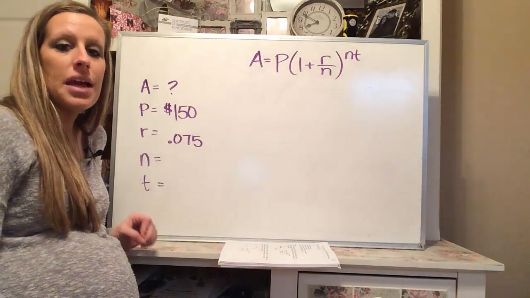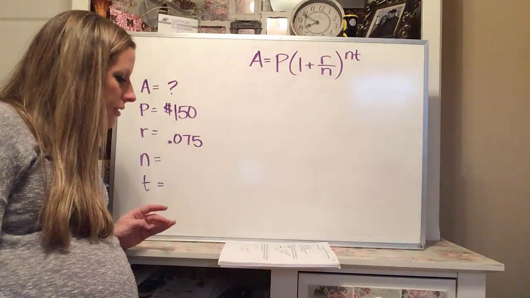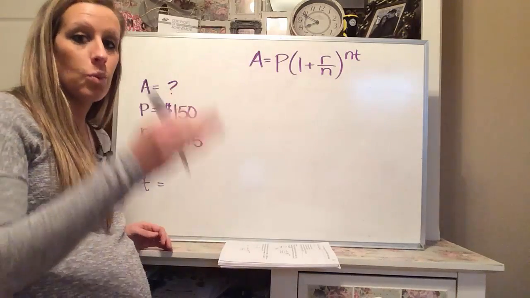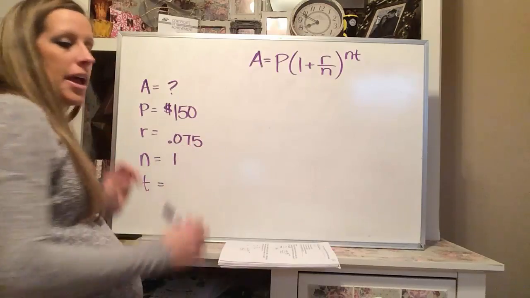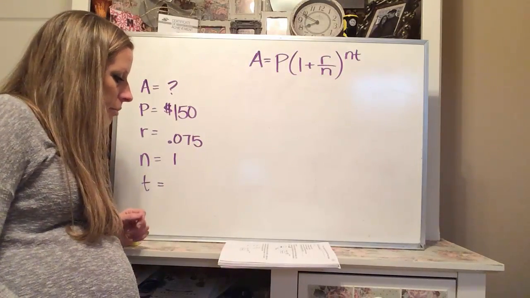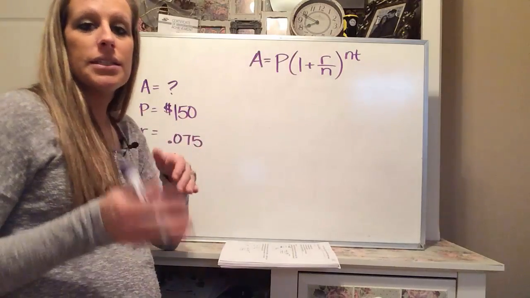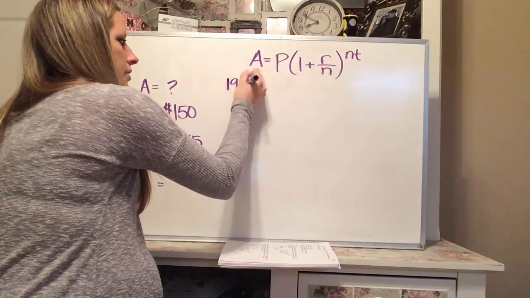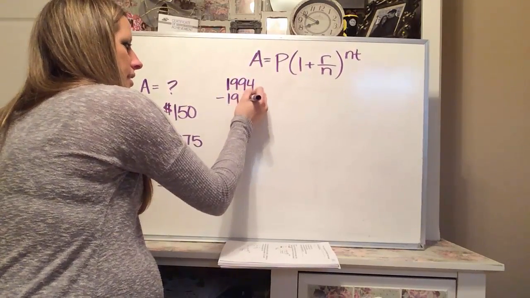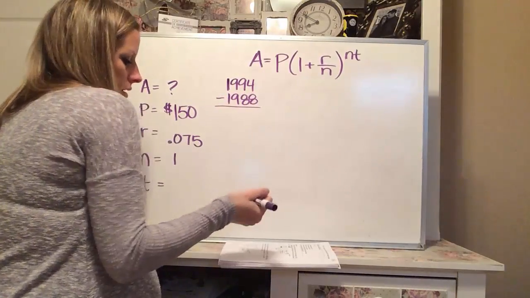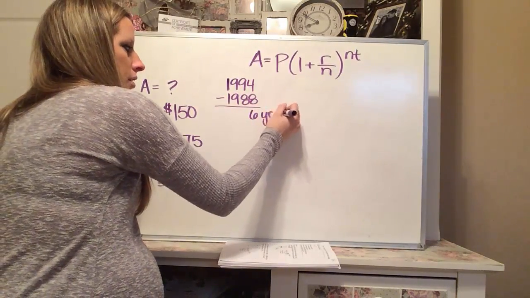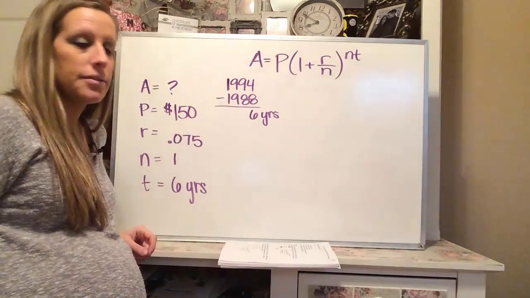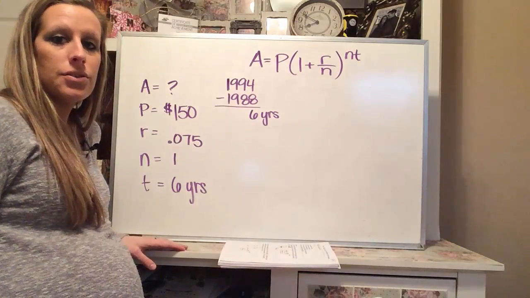Okay, N is the number of times it happens every year. And it says it's increased by approximately 7.5% each year. That means it happens 1 time a year. So my N is 1. T is the number of years. So if we're going from 1988 to 1994, how many years is that? 1994 minus 1988. And that would be 6 years. So we're trying to figure out the amount that the baseball cards are worth after 6 years. Alright, so now let's plug it into the formula.